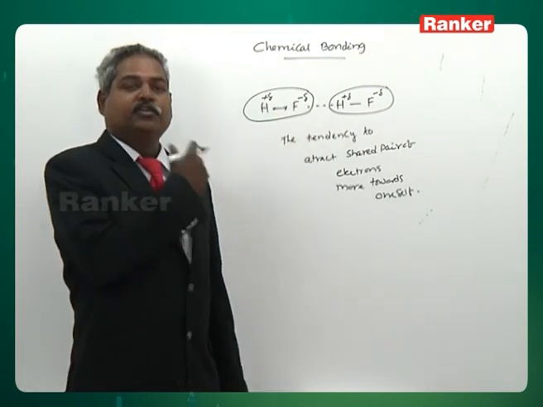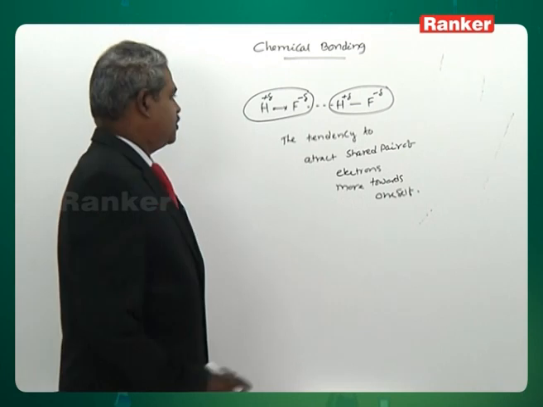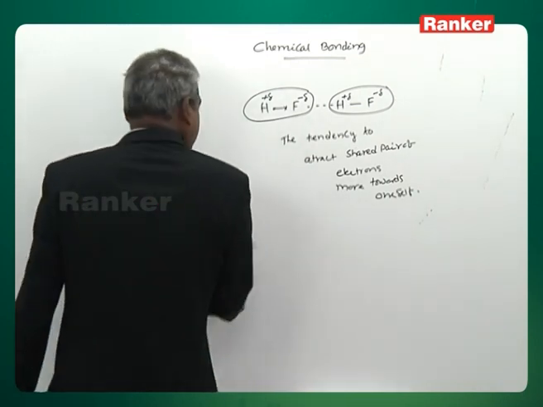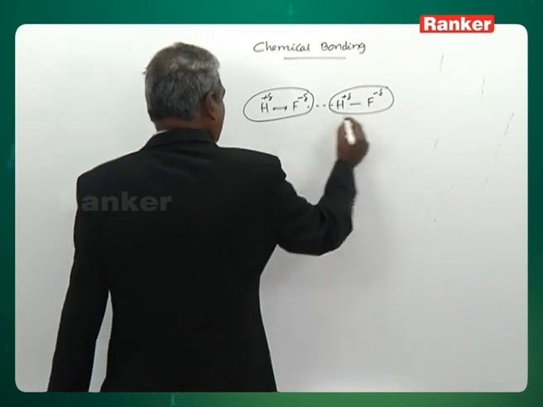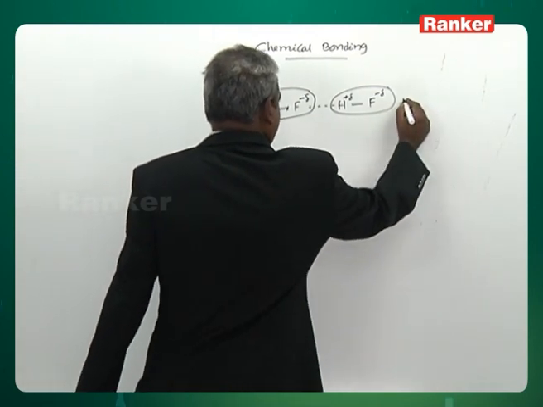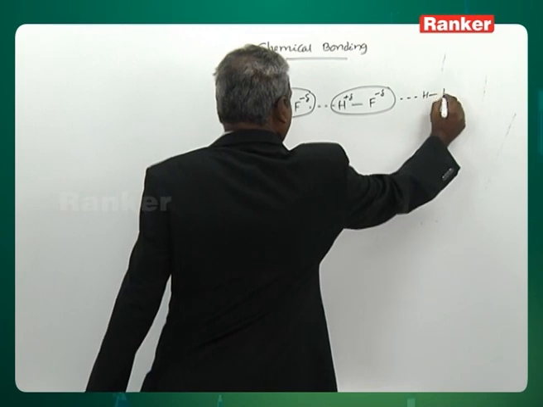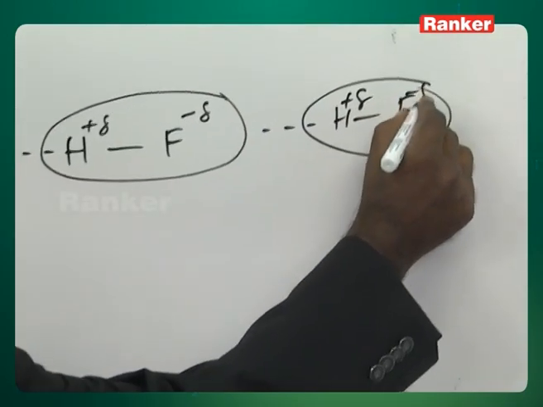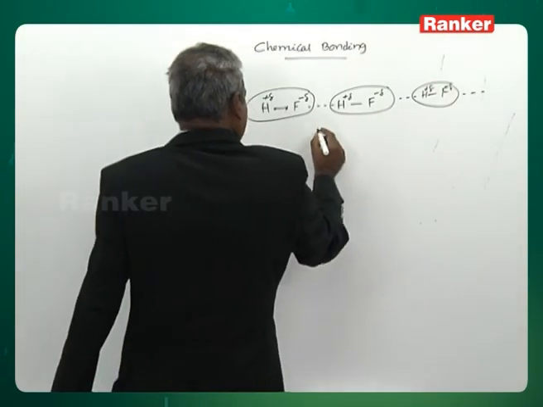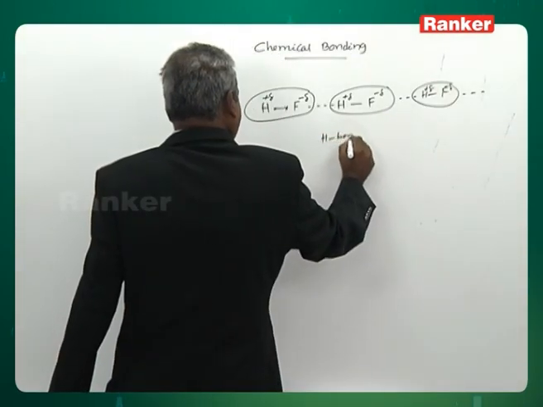This is called hydrogen bond. Because of hydrogen bond, molecules are strongly attracted. HF, HF, HF, there is a strong force of attraction between molecules of HF, plus delta, minus delta. So, this is hydrogen bond.